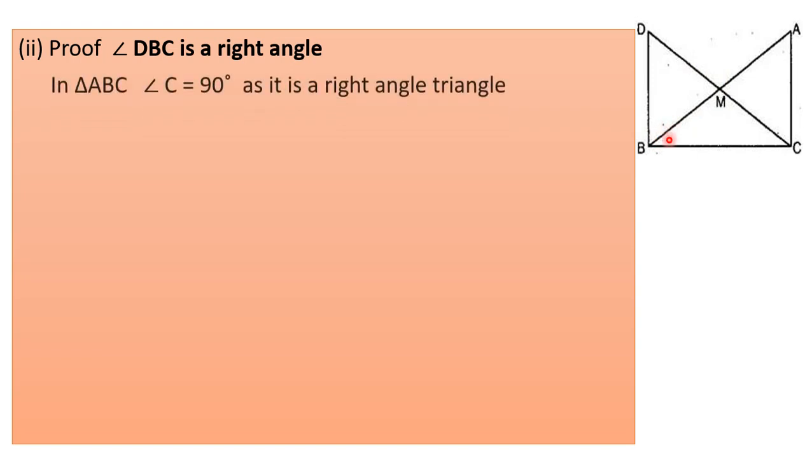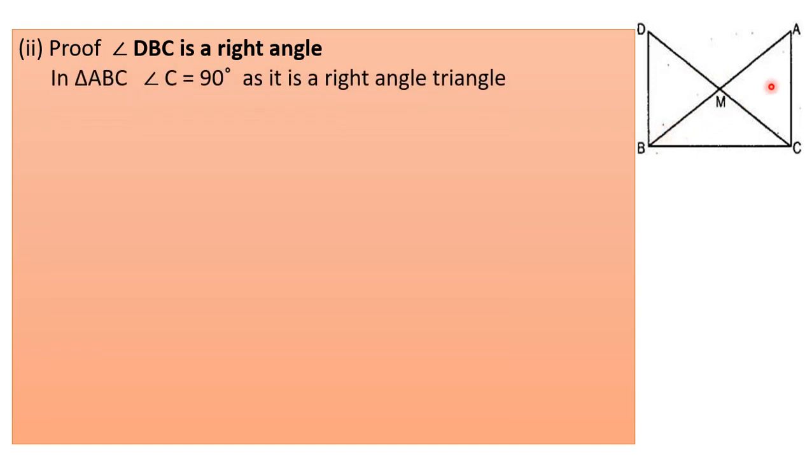So let's start. In triangle ABC, it is given that the right angle is at C, so angle C is 90 degrees. So the other two angles, A and B, will also sum to 90 degrees, as the angles of a triangle sum up to 180 degrees.